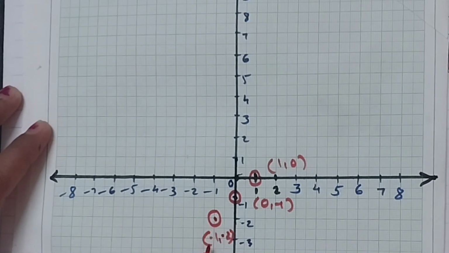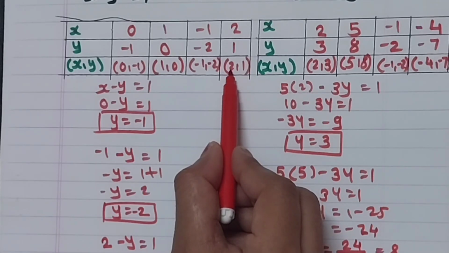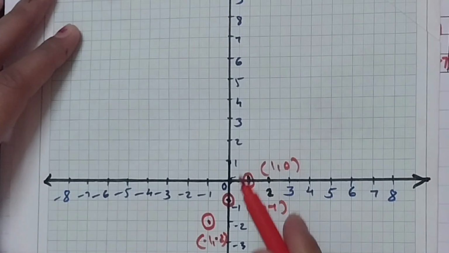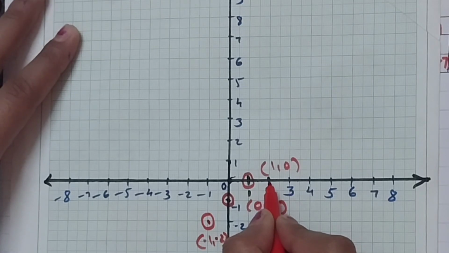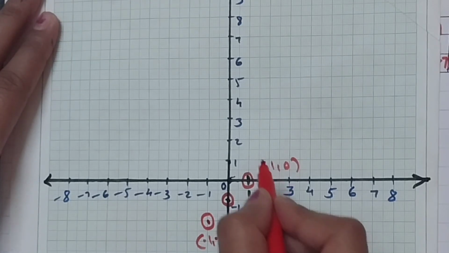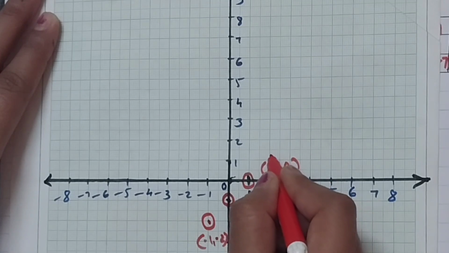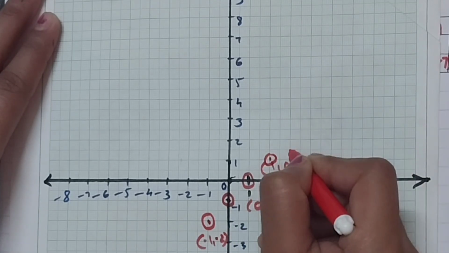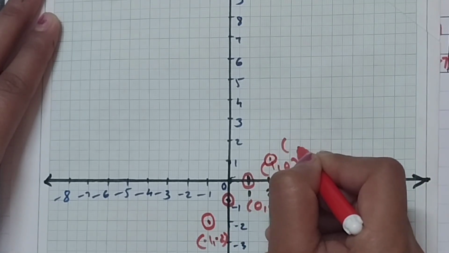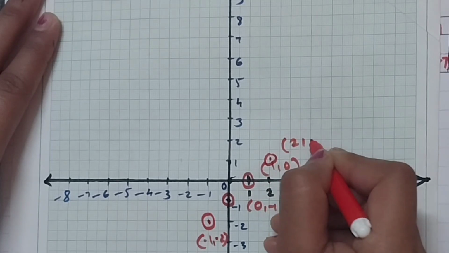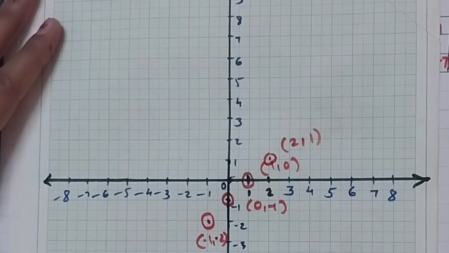So we plot here -1, -2. Now the next point is 2, 1. So we plot here x is 2 and y is 1. So the point is here and we circle it, and 2 comma 1 we write here.